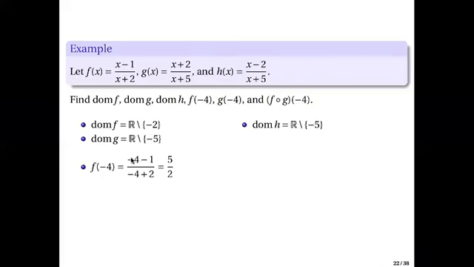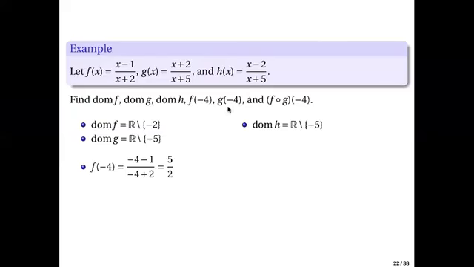In the numerator, you will have negative 5, and in the denominator, negative 2. So negative 5 over negative 2 is just 5 over 2.